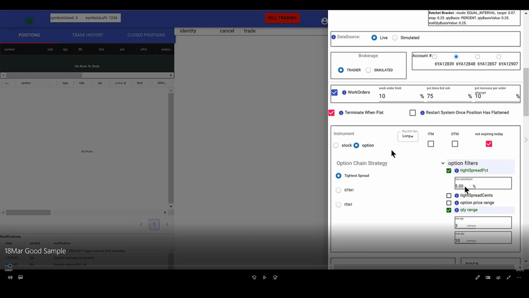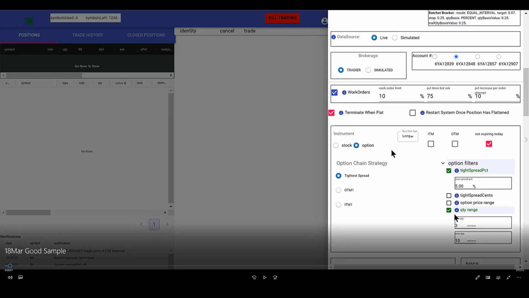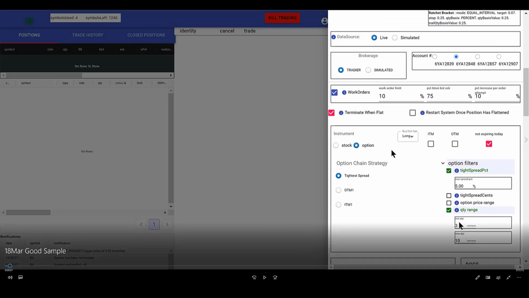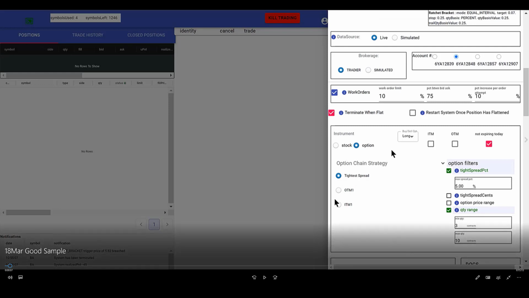We will filter any options that have a bid-ask spread wider than 5%, and we're looking for a quantity range of between 3 and 10 contracts. So the Trade Unafraid will be monitoring all the options in the chain, looking for ones that pass those filters, and then select from that the tightest spread.